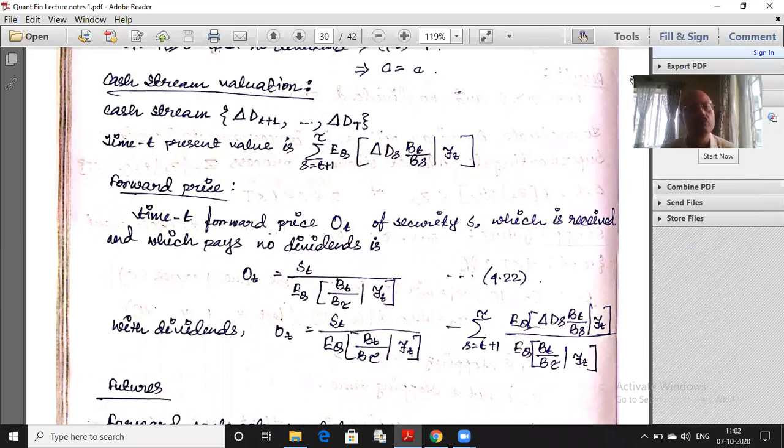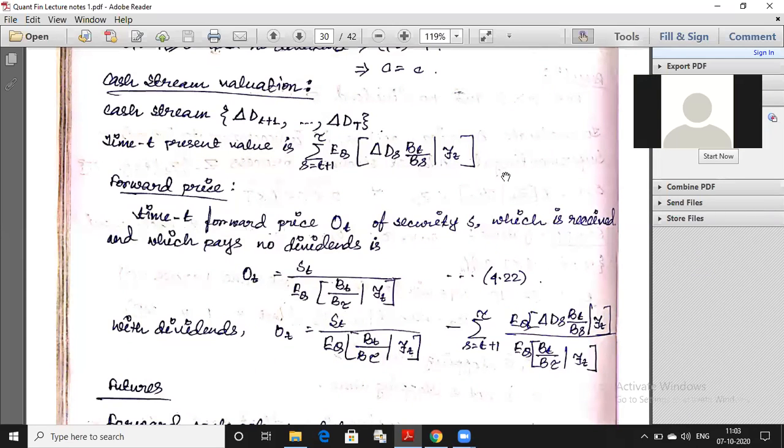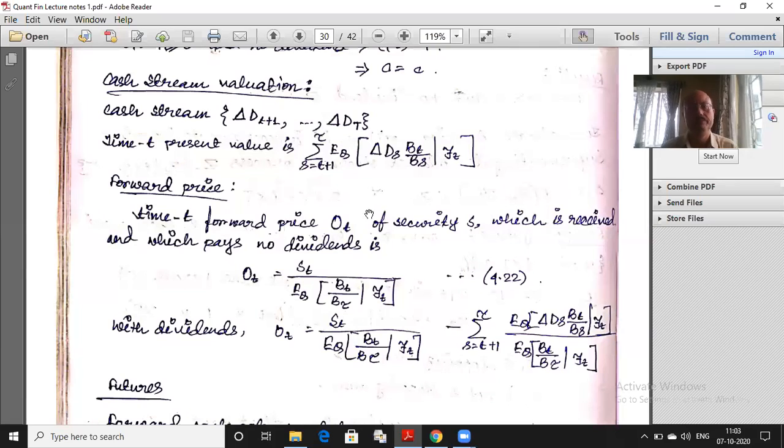So I know how to do this present value calculation. This is what we are learning. So with that present value calculation, now let me define the forward price. So suppose I am looking at a security S, some stock.